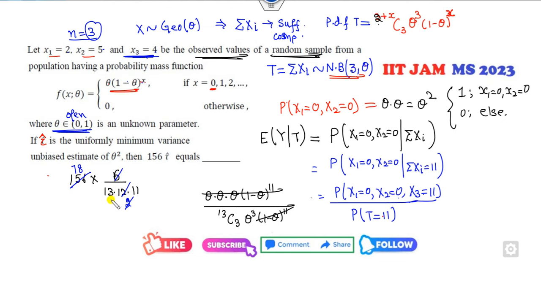Is it cancelling out? It is not cancelling out. So where is my mistake? Oops, sorry, again this is 2 plus x C x, so it is my 2. It's just a calculation error, you can do it by calculation anyhow. 156 into 1 over 13 into 12, and 2 into 1 is upside, so the answer is 2 over 26. So 1 over 13 is the right answer of this problem.